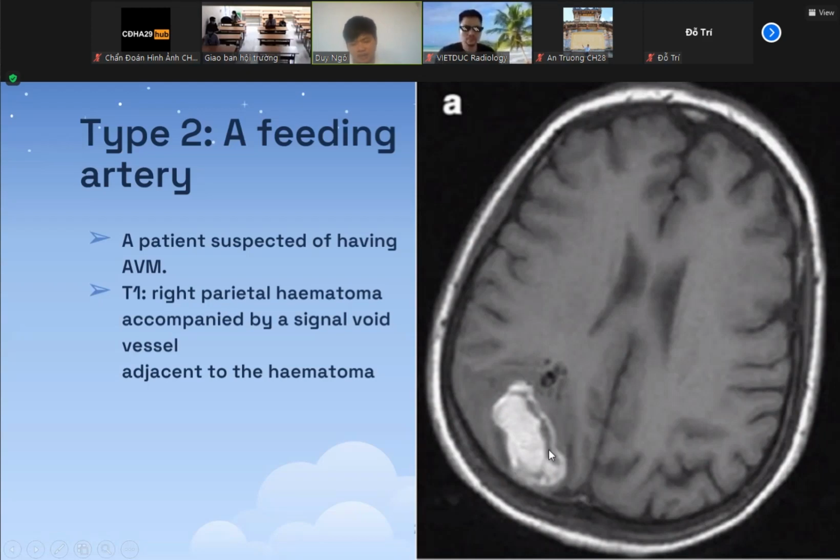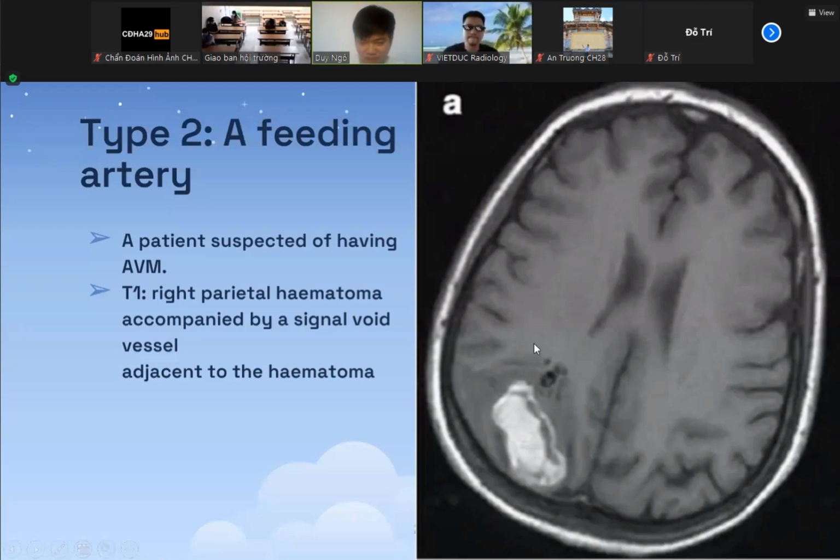This kind of thing has increased signal on T1, so it is hemoglobin or methemoglobin, which is more likely present in the subacute phase of the hemorrhage, with some image of flow void. Normally when we see that kind of appearance, we most likely think this is a case of hemorrhagic AVM, right? With blood and flow void, definitely a hemorrhagic AVM, but it's not true.